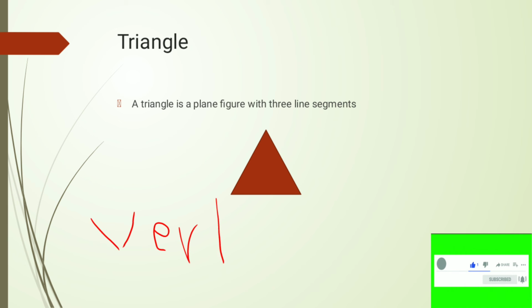These points are called vertices. One point is called a vertex, and the plural form of vertex is vertices.